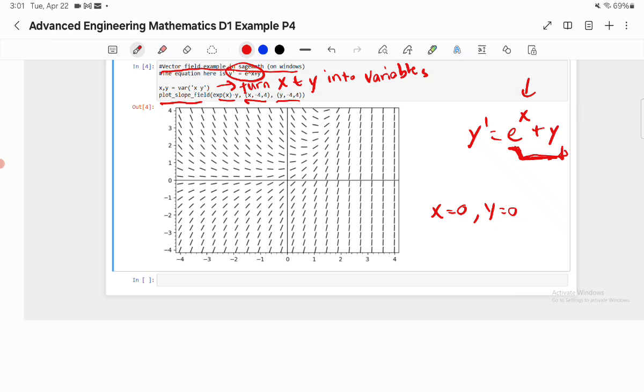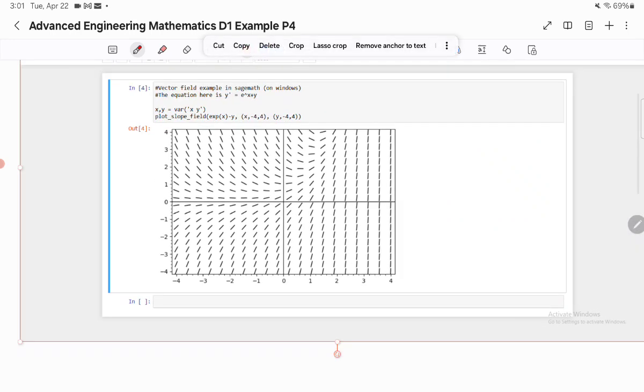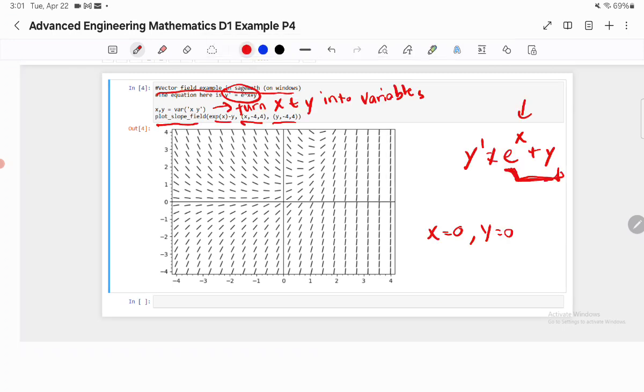So this just becomes y prime is equal to 1 in that case. So that tells us the slope should be about 1 if I go to 0, 0. Which it appears to be the case, that if you look at these lines right here, they're pretty close to a slope of 1, right? So this makes sense.